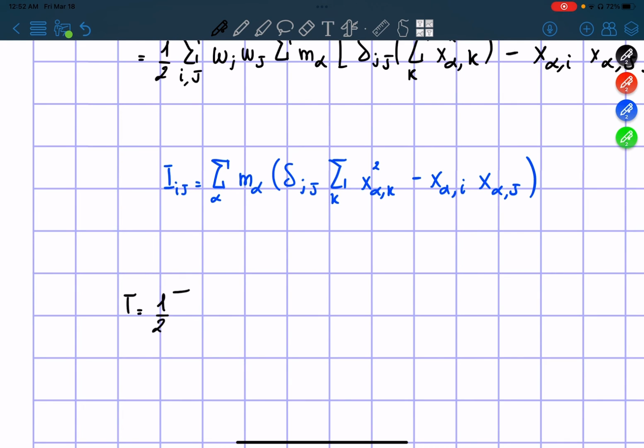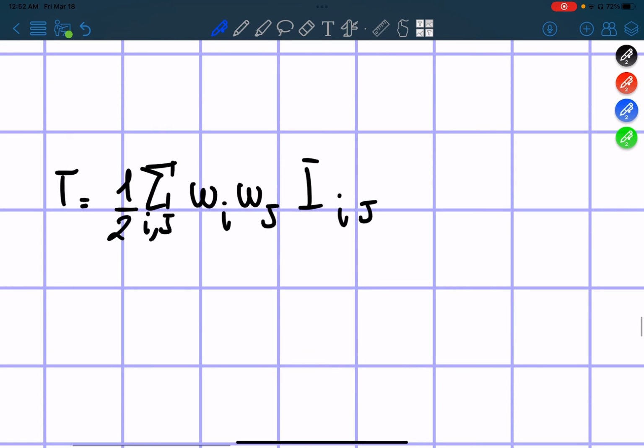of ij omega I, sorry, omega I, I omega j, and then our I, ij, and of course these two have to be the same to be equal to 1.